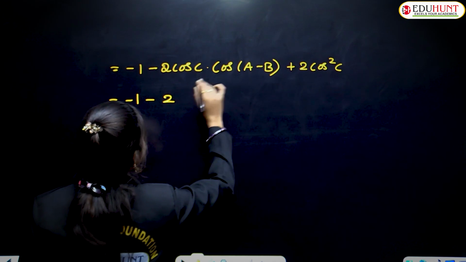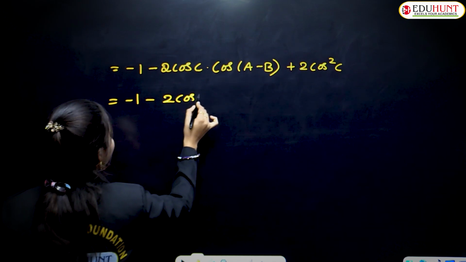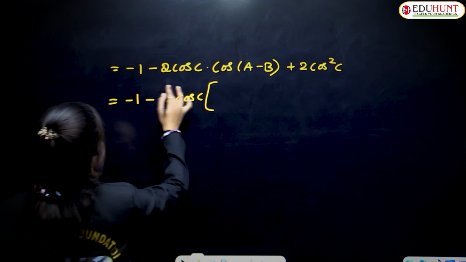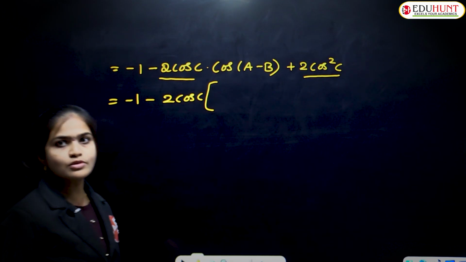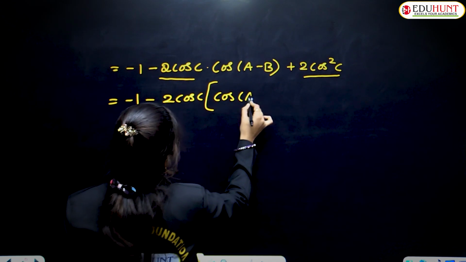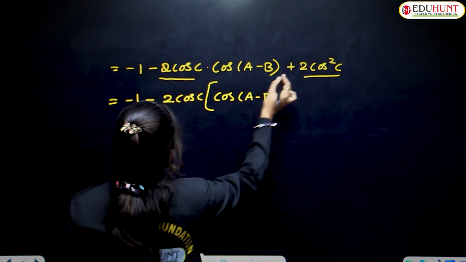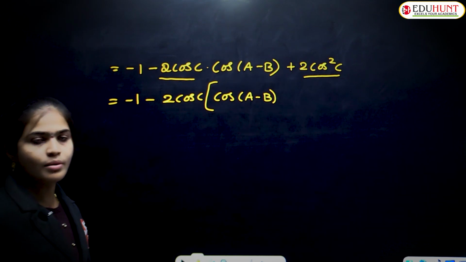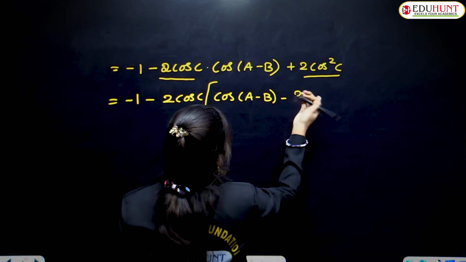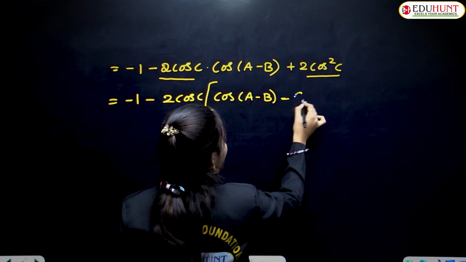From these two terms also we can take minus 2 cos c as common, because 2 cos c is there in both, no? So the leftover is cos of (a minus b), and here plus is there and we took minus as common, so minus will be there. Minus 2 we already took as common, so minus cos c.